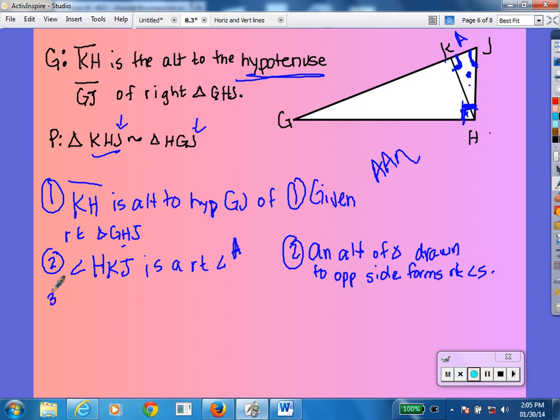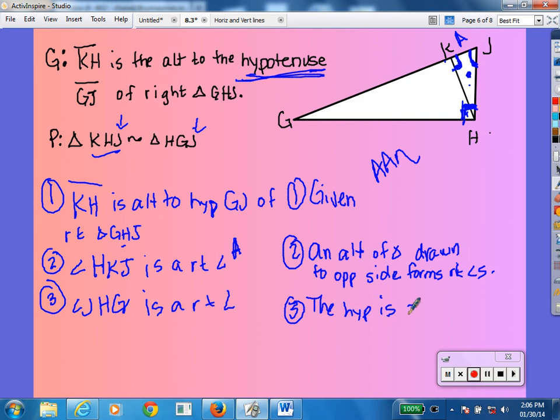Now we're going to get the other statement, the hypotenuse. So we're going to say that angle JHG is a right angle. And we're going to state why that's the case, because the hypotenuse is always opposite a right angle.